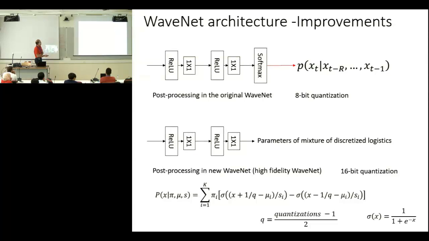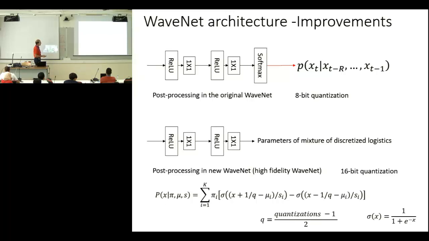One idea is, instead of producing this categorical probability distribution, to have a network which predicts parameters of a continuous distribution. For example, in the paper of DeepMind in parallel wavenet, they use a mixture of discretized logistics as an output.